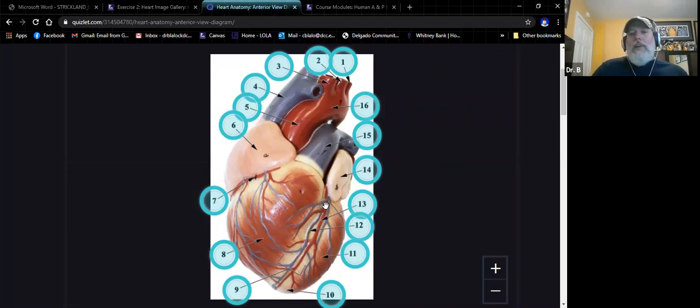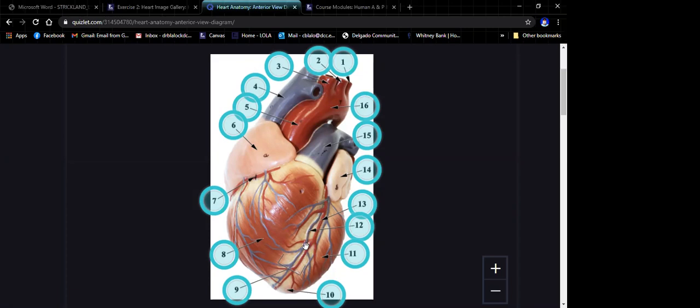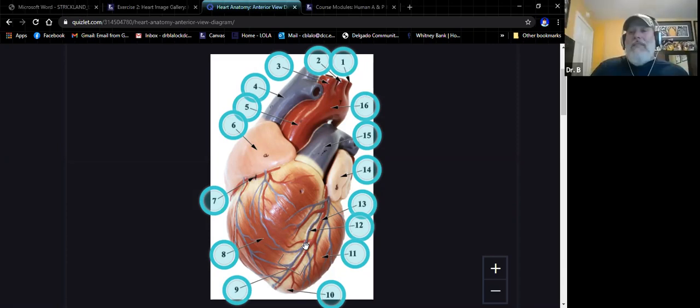Now, we have a couple of vessels that run in the sulcus. So again, if the question says identify the vessel, don't tell me anterior interventricular sulcus. That's not a vessel, okay? That is a structure. But if it asks for the vessels, number 13, the vessel running down the anterior interventricular sulcus, well, that's the anterior interventricular artery.